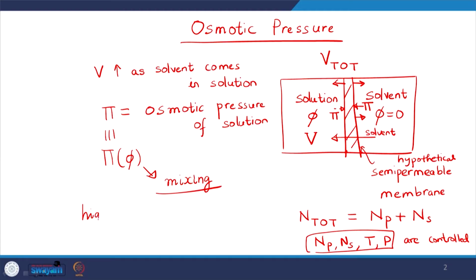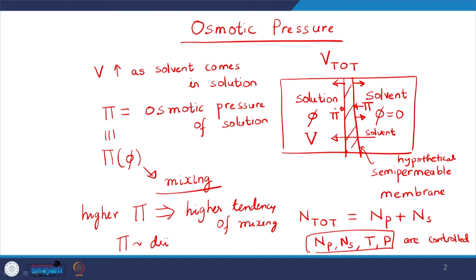So, a higher value of osmotic pressure implies a higher tendency of mixing, or we can say that pi is a driving force of mixing.